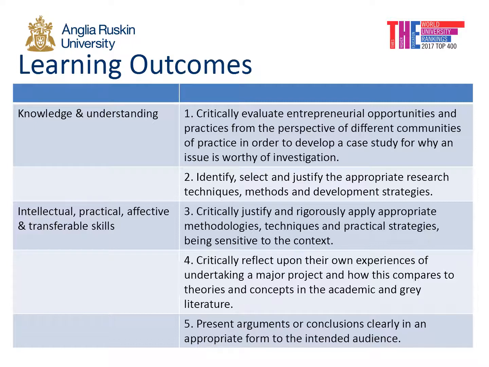It will be covered in more detail in subsequent tutorials, and is addressed in the online module material, as well as you have a variety of textbooks to help you. You can see that there are 3 further learning outcomes linked to the intellectual, practical, affective and transferable skills.